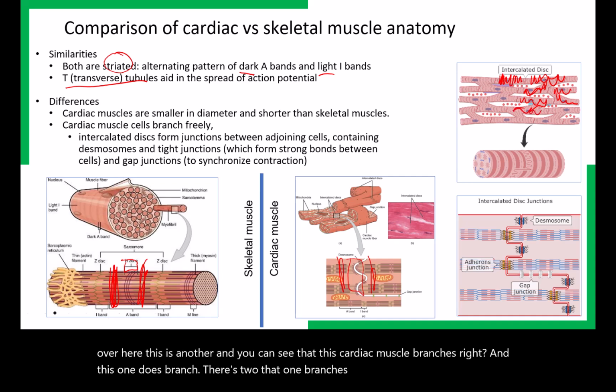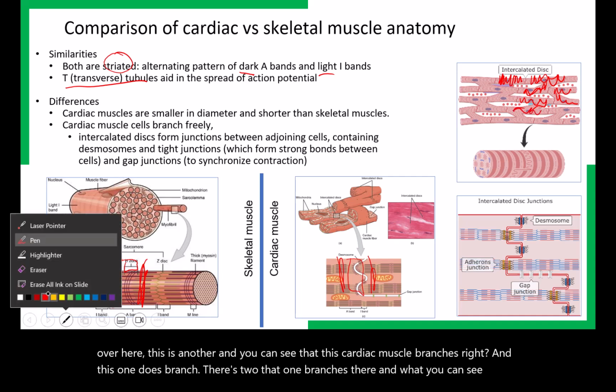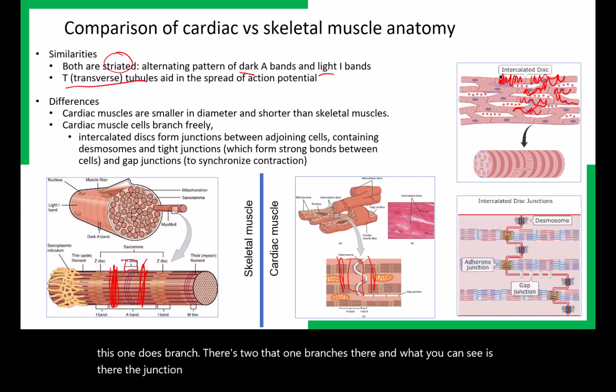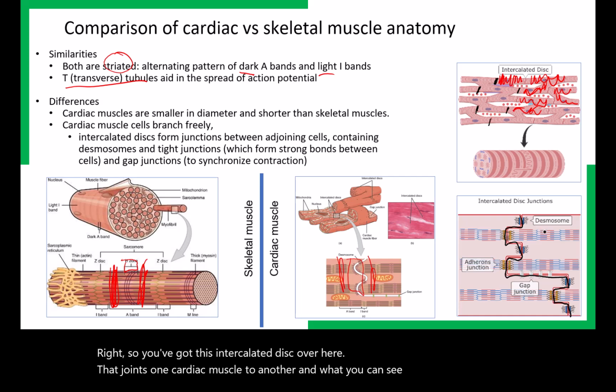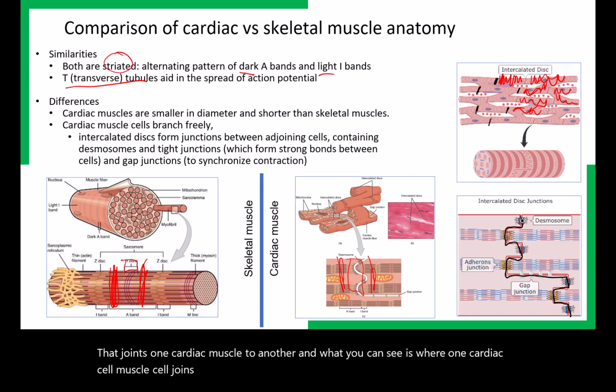And what you can see is the junction or the connection between one cardiac muscle and another is through this intercalated disc, right? So you've got this intercalated disc over here that joins one cardiac muscle to another. And where one cardiac muscle cell joins another, there are connections.